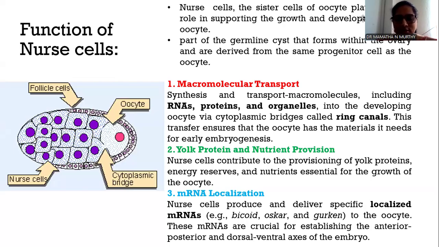This localization of mRNA is also taken care of by nurse cells. This mRNA is crucial for establishing the anterior-posterior and dorsal-ventral axes of the embryo in later development.